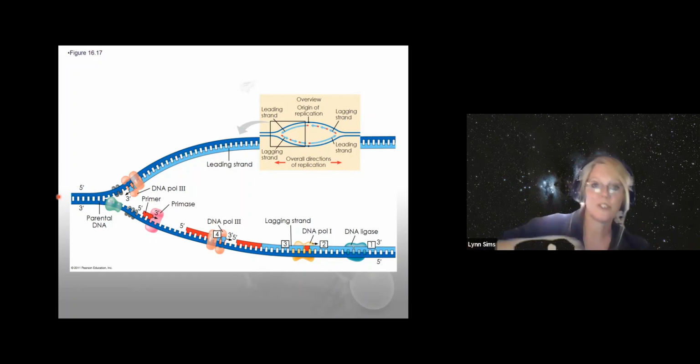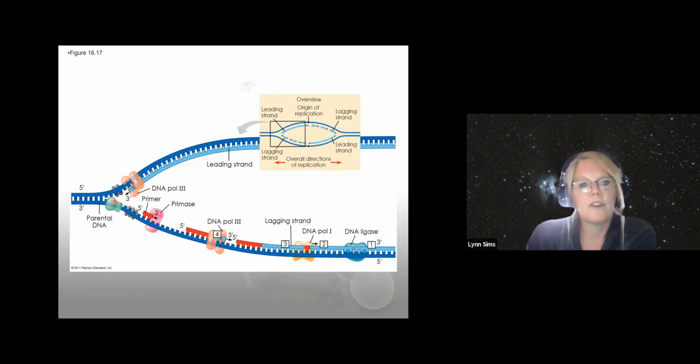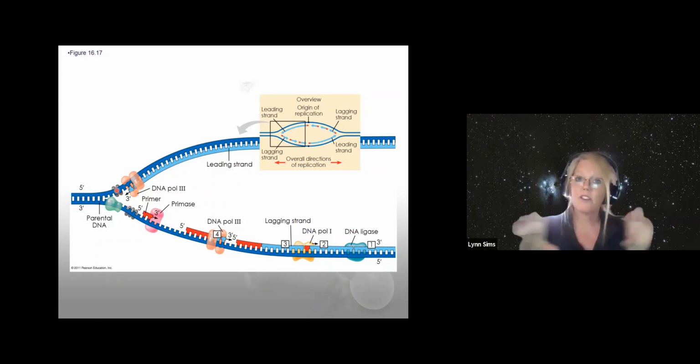If you separate the strands that are twisted, it's going to create strain up ahead. Now, helicase is the enzyme that separates the strands. And then we have single-stranded DNA binding protein, which are these gray circles right here. It binds to the single strands and keeps them separated.